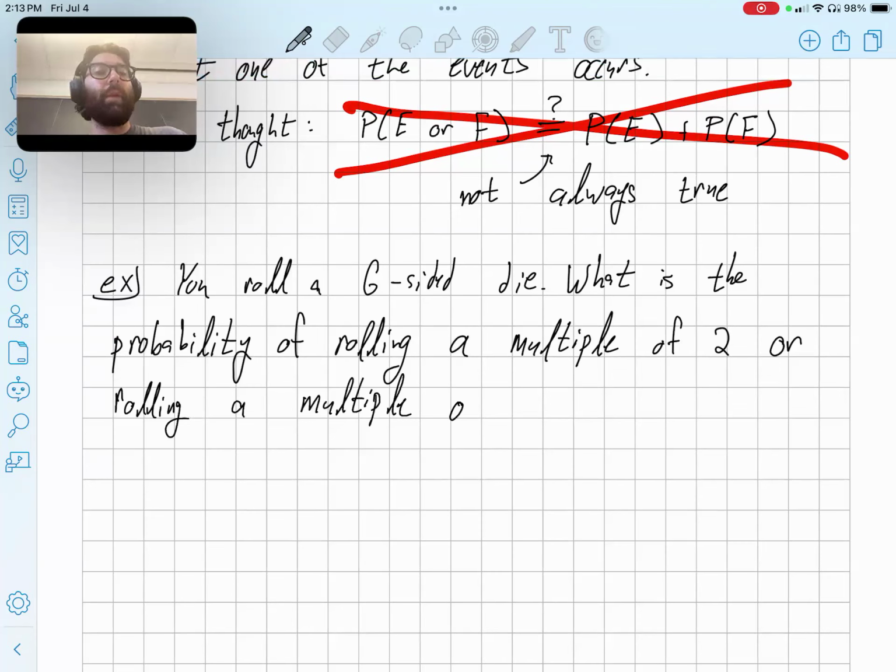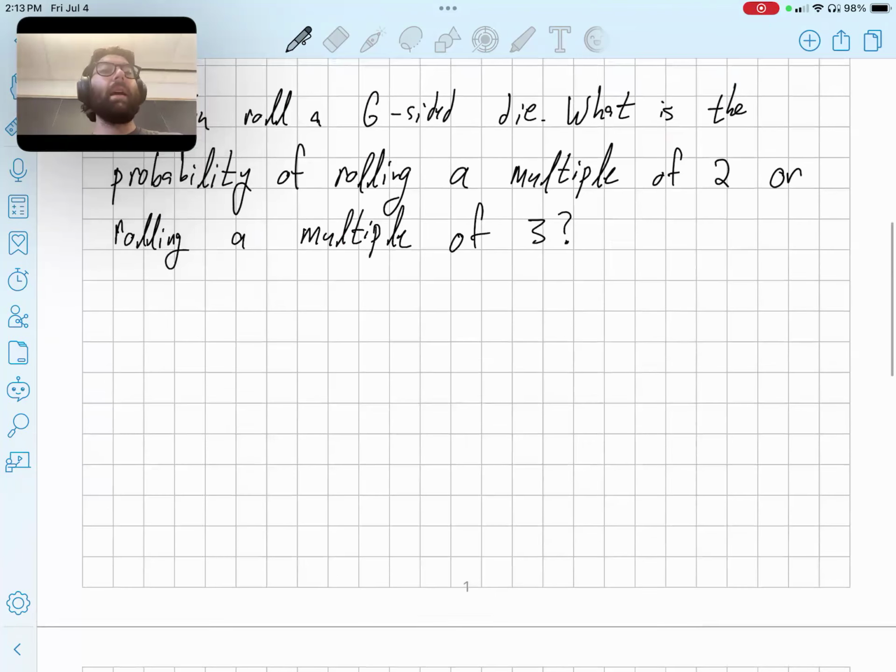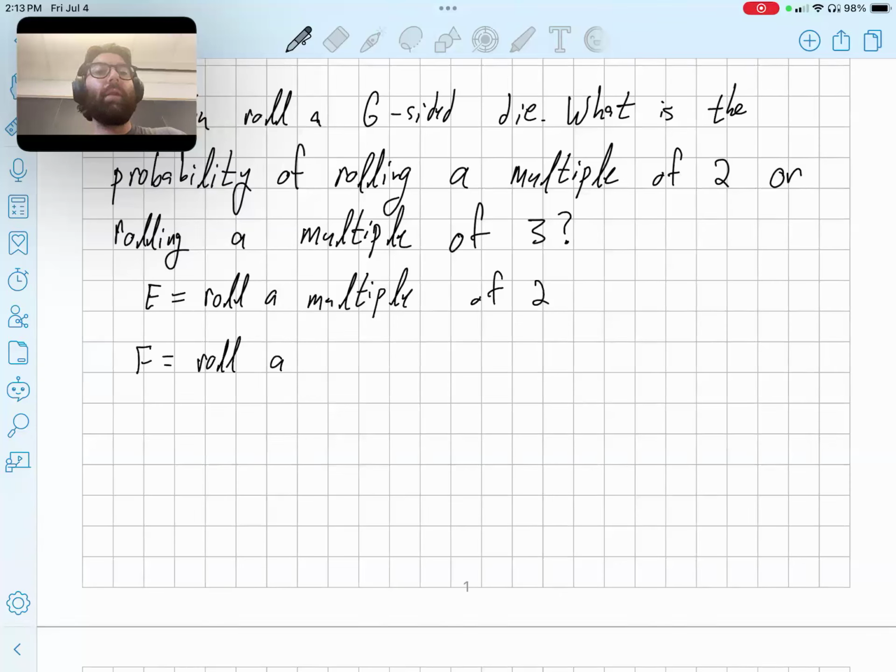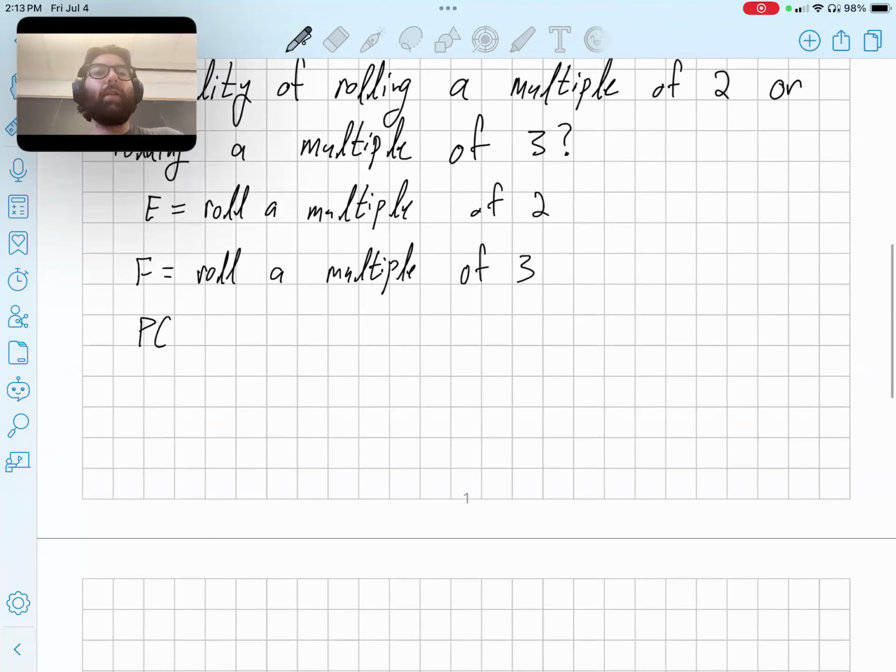Okay, and so to answer this, let's find what our events are. E is roll a multiple of 2. F is roll a multiple of 3. And so what we're trying to find is the probability of E or F.